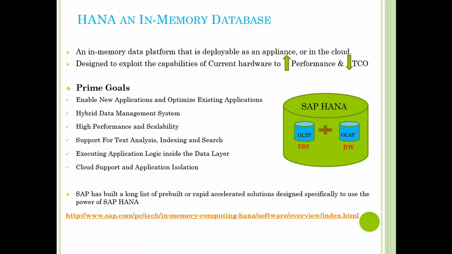That is why we say it is designed to exploit the capabilities of current hardware to increase performance and to lower the total cost of ownership. So SAP HANA technology is considered the modern solution for real time analytics and next generation applications the business needs these days.